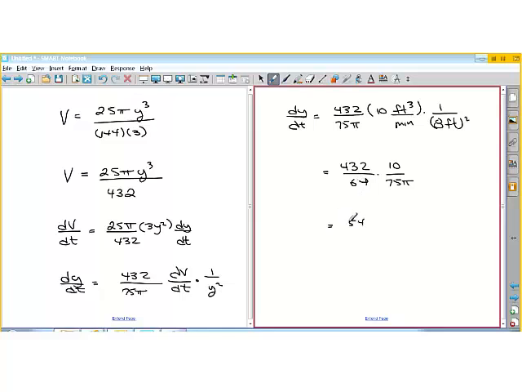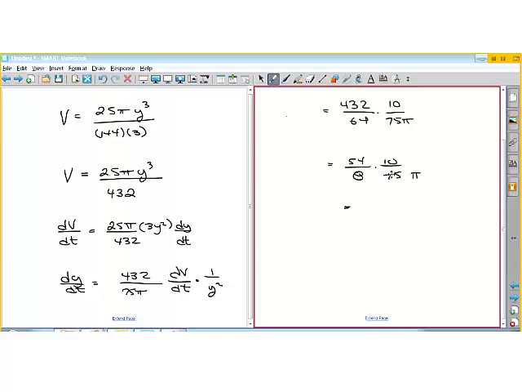54. Okay, so we get 54 over 8 times 10 over 75 with pi down there. And let's see what we have. So you've got 5 and 5 in there. Well, let's just multiply.